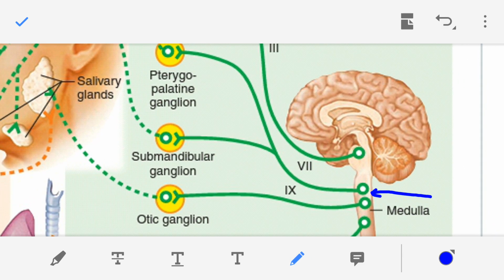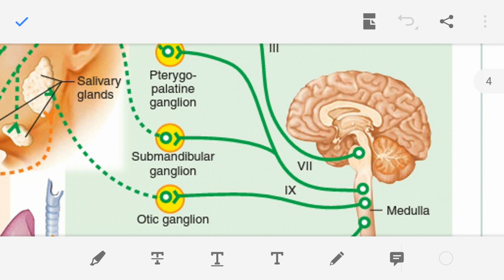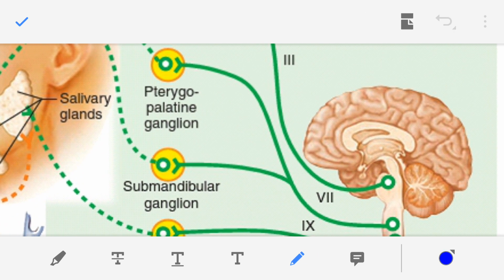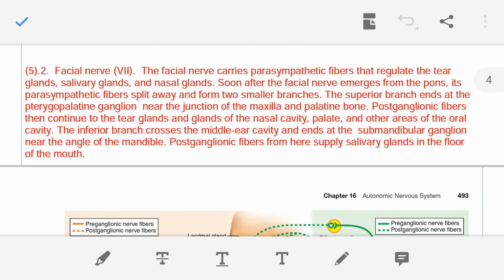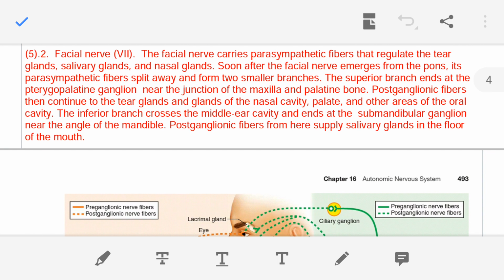This is the pons. This nerve, the facial nerve, is leaving the pons and it splits into 2 branches, this one and this one. These are the 2 branches in which the facial nerve splits.